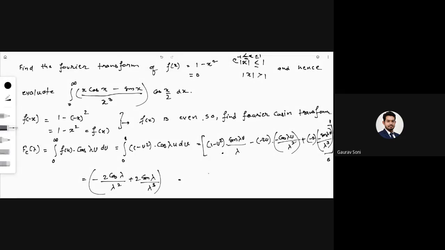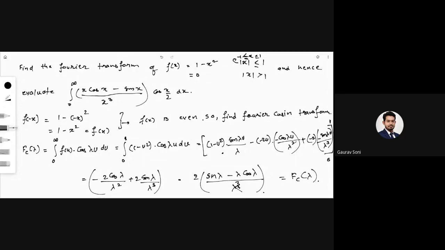So this can also be written as 2 common, inside bracket sin lambda minus lambda cos lambda, total divided by lambda cube. So this is nothing but the Fourier cosine transform of the given function.